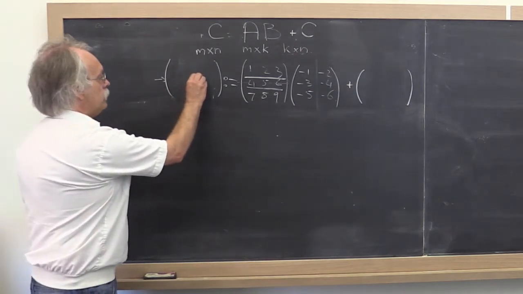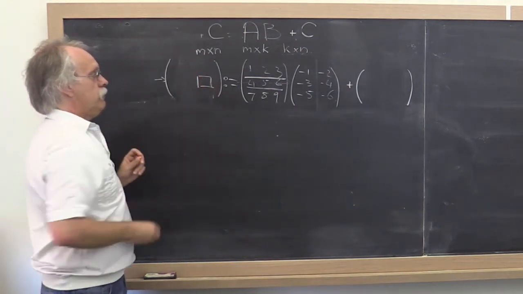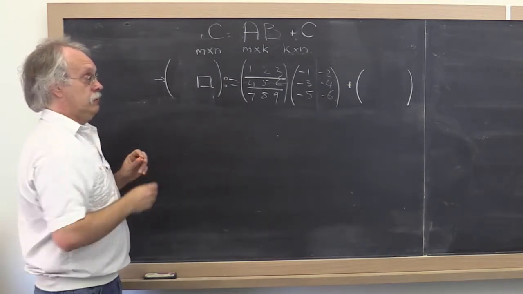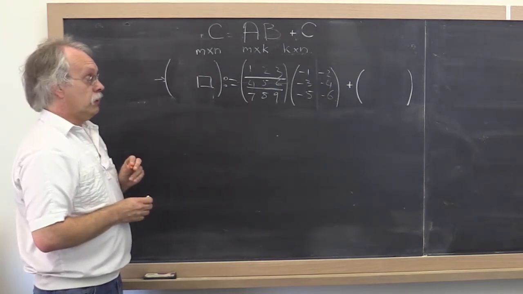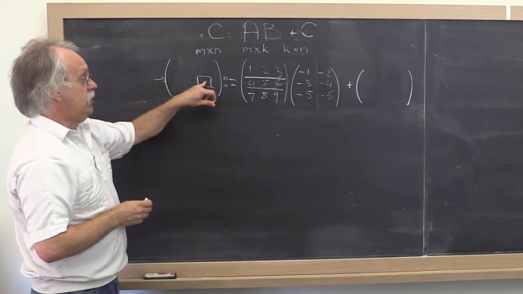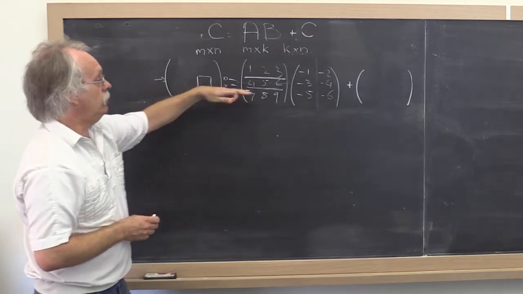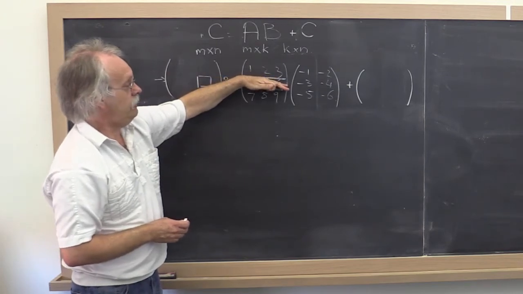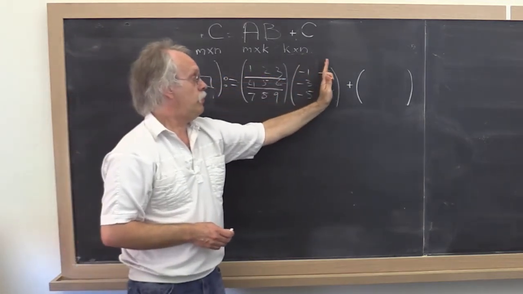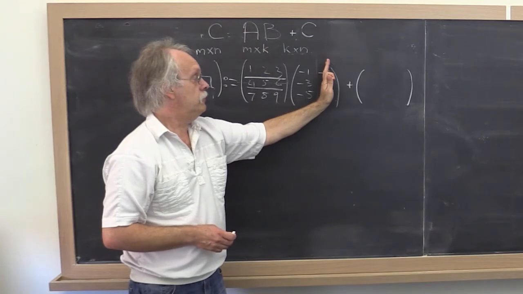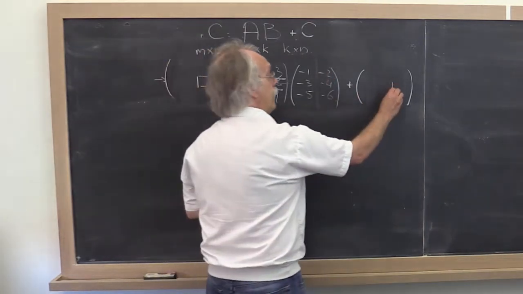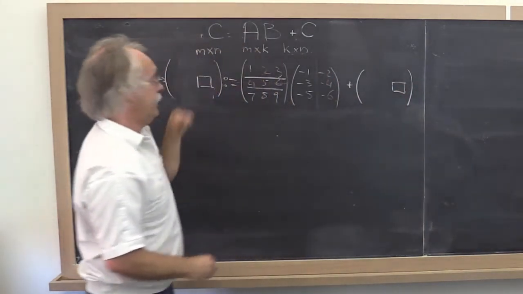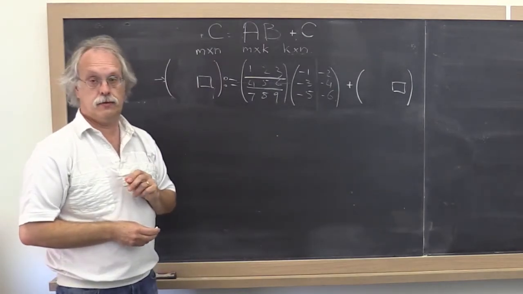Let's again focus on this entry right here that we focused on when we talked about computing C by columns. And let's think, what goes into computing that? Well, it's this row of A inner product with that column of B added to that element of C, right?